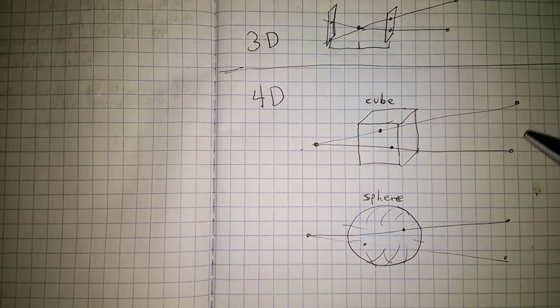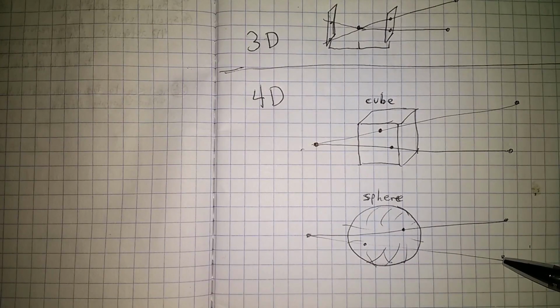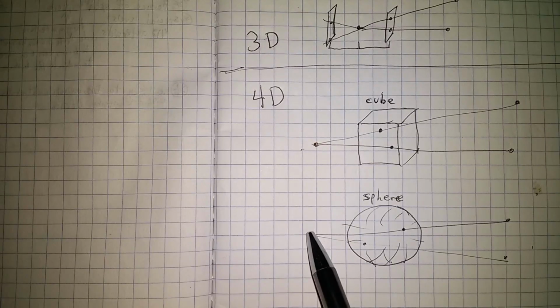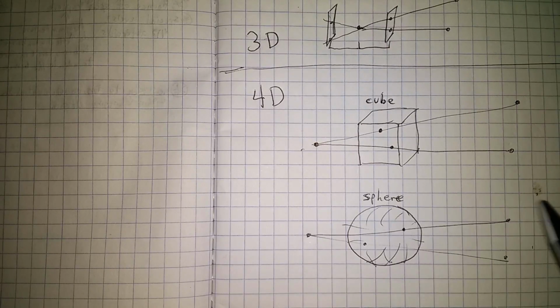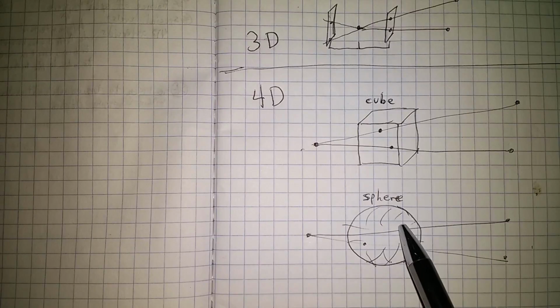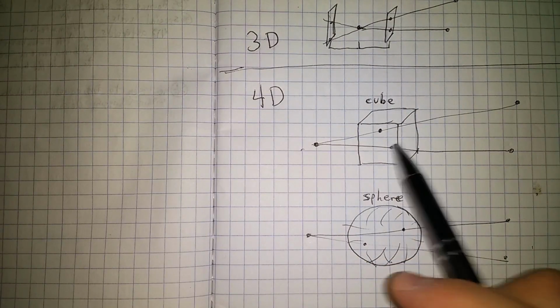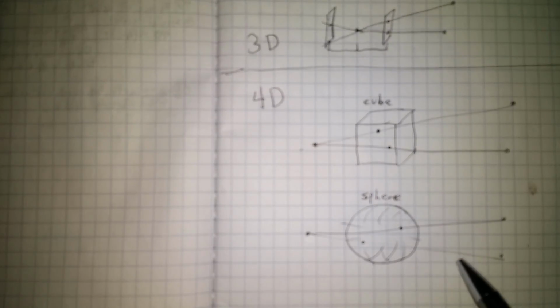So now we have 4-dimensional points out here, and we're going to project them, and we have an eye point. This is where our focal point is. We're going to project them onto the sphere, or you could use a cube. Either one is fine.